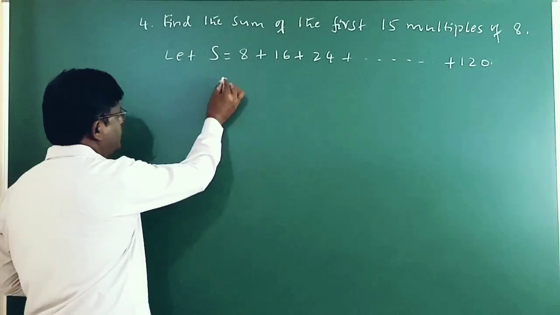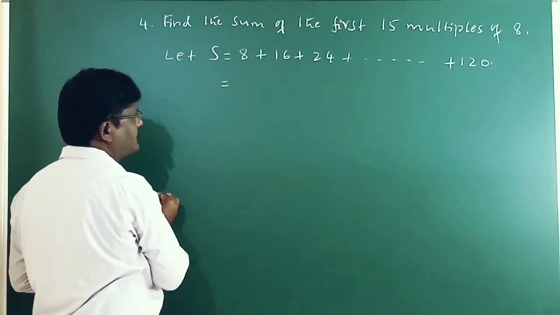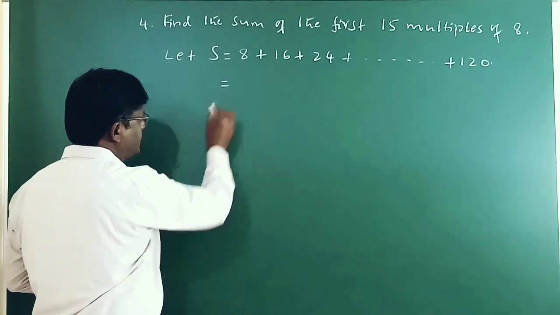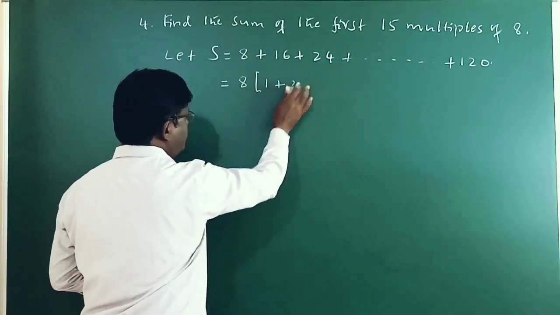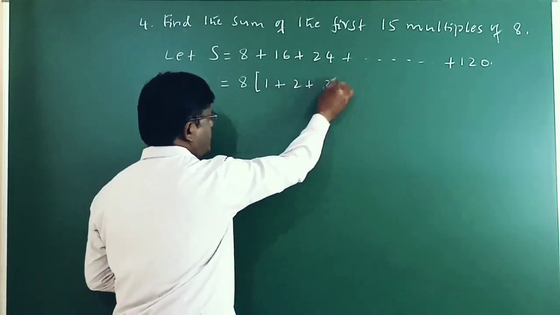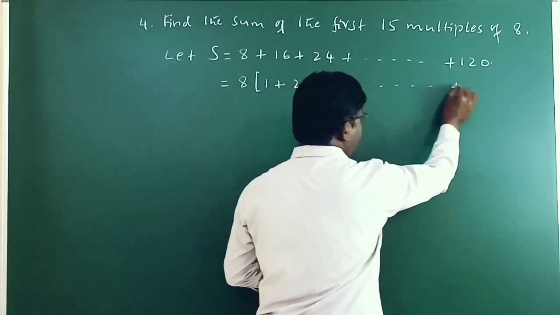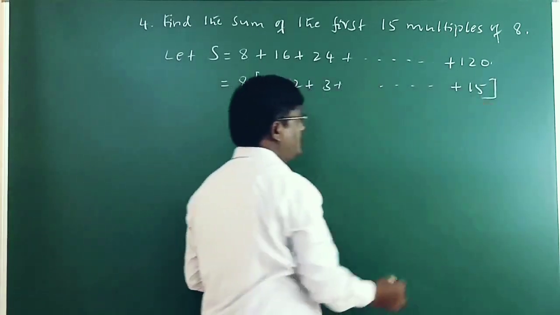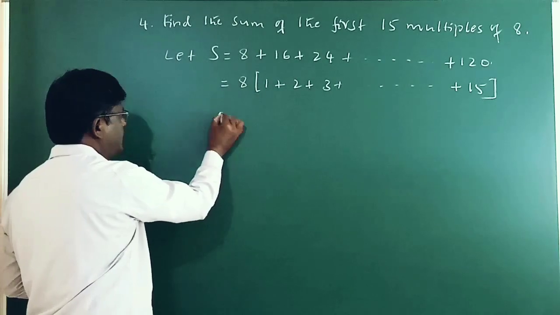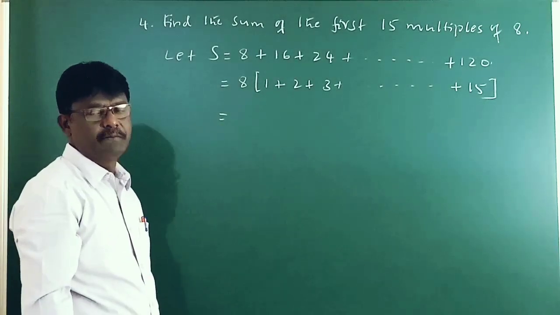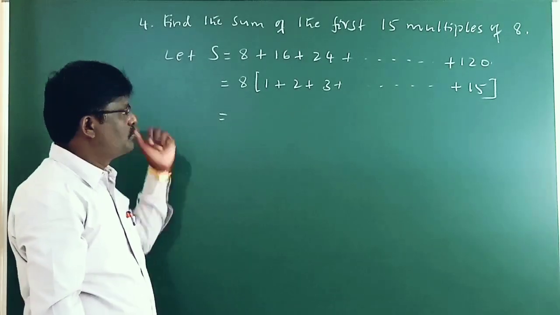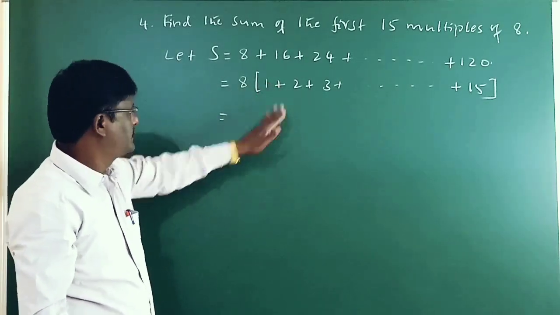Now, therefore, children, here the common factor is what? Yes, it is 8. 8 ones are, 8 twos are, 8 threes are, etc., plus 8 15s are. Now look at within the bracket, nothing but the sum of first 15 positive integers.